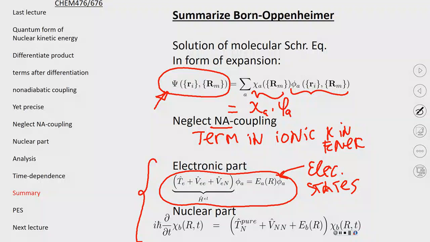Good. Center of distribution, molecular Schrödinger equation, and time-dependent Schrödinger equation for the nuclear part. I'm about to stop. Where we stop today is: for the electronic part, we have the time-independent Schrödinger equation.